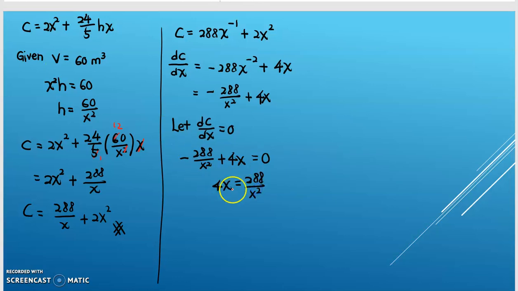Next, multiply to the left hand side. I should have 4x cubed is equal to 288. So x cubed will be equal to 288 divided by 4, which is 72. So x is equal to 4.16 meter.